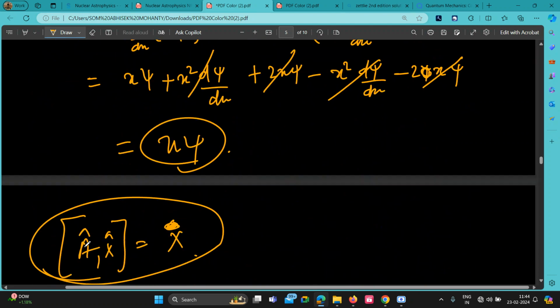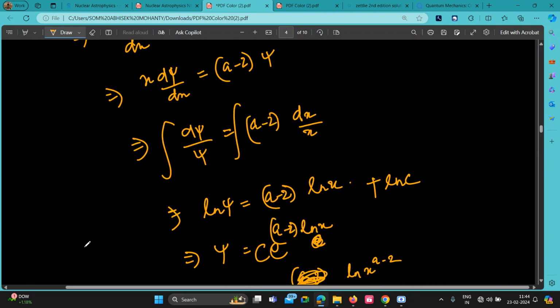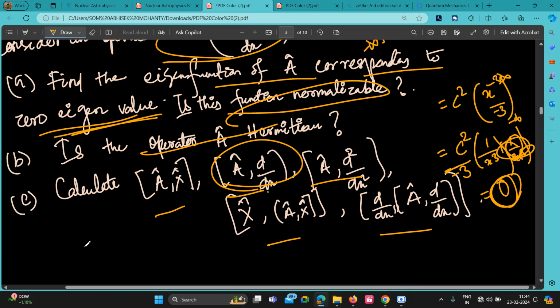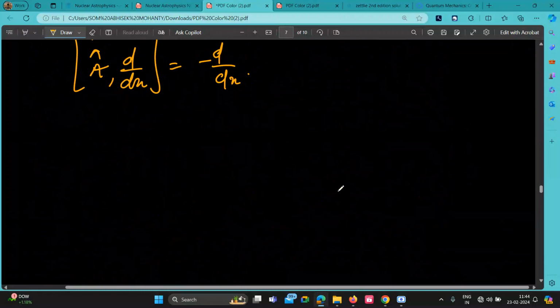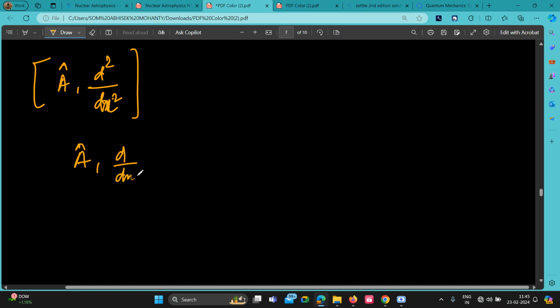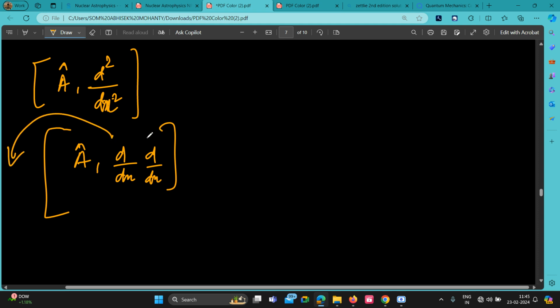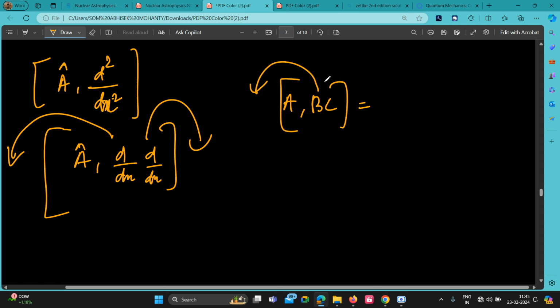Okay, what is the next part of this question? A d square by dx square. So let's do this one. So this one, how will you do? I can write it as d/dx, isn't it? So this will go to this side. We have done so many times. This will go to this side like a comma bc commutator, b to left, c to left.